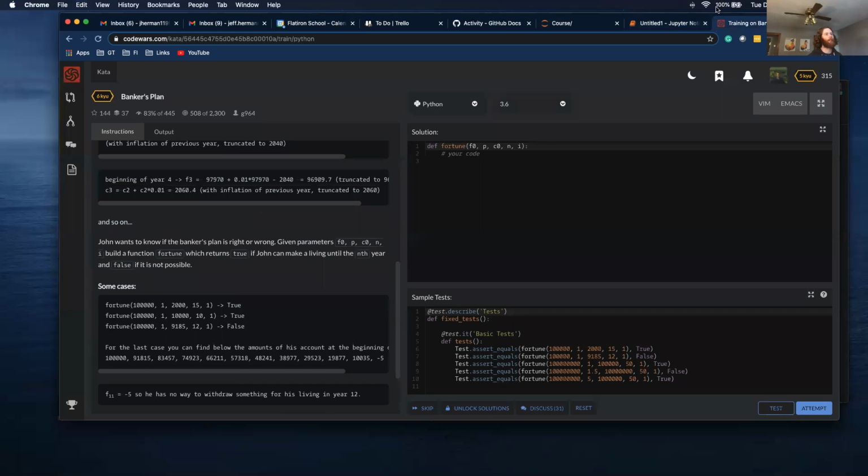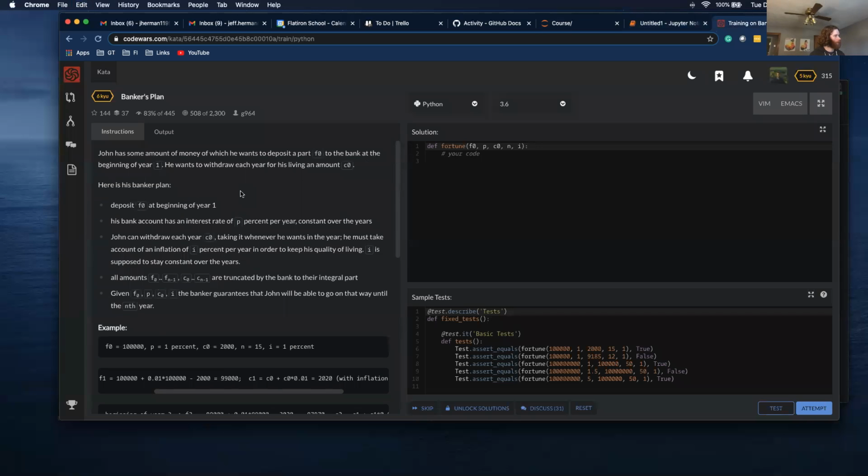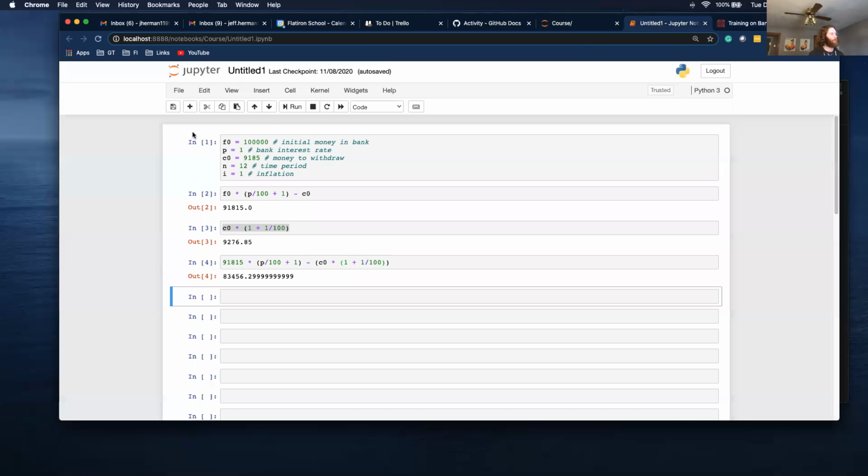So it looks like it's a rounding error. Seeing if there's some sort of rounding: all amounts are truncated by the bank. Truncated to me means I was going to say round, but it seems like you're rounding down, like a floor.